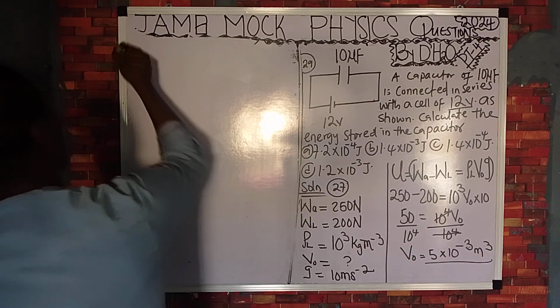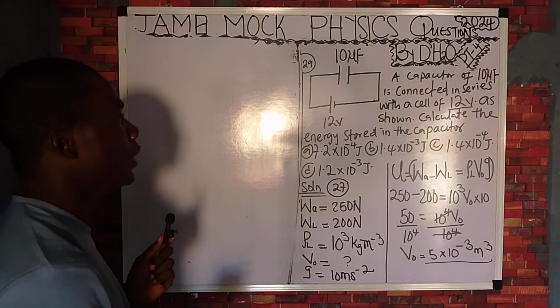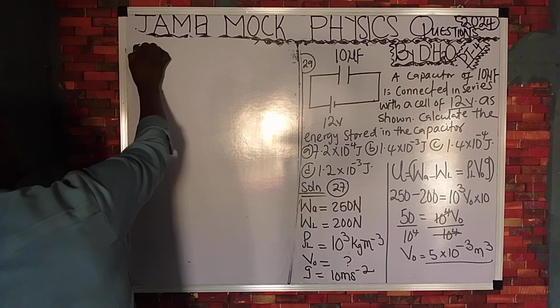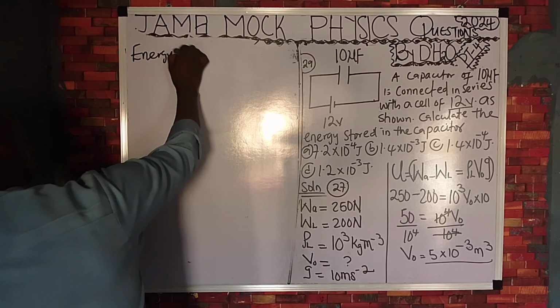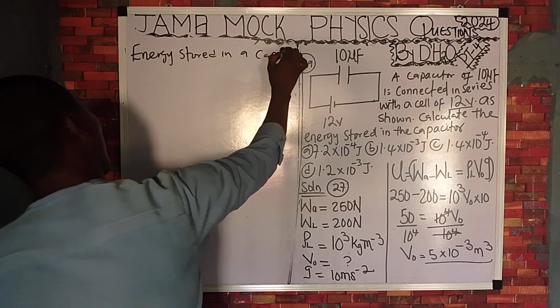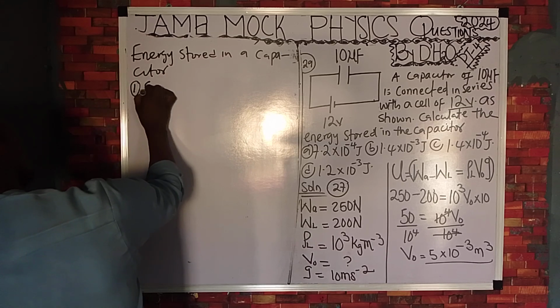Now, there are 3 formulas used to calculate the energy stored in a capacitor. And what are the formulas? The energy stored in a capacitor is given as: 1.